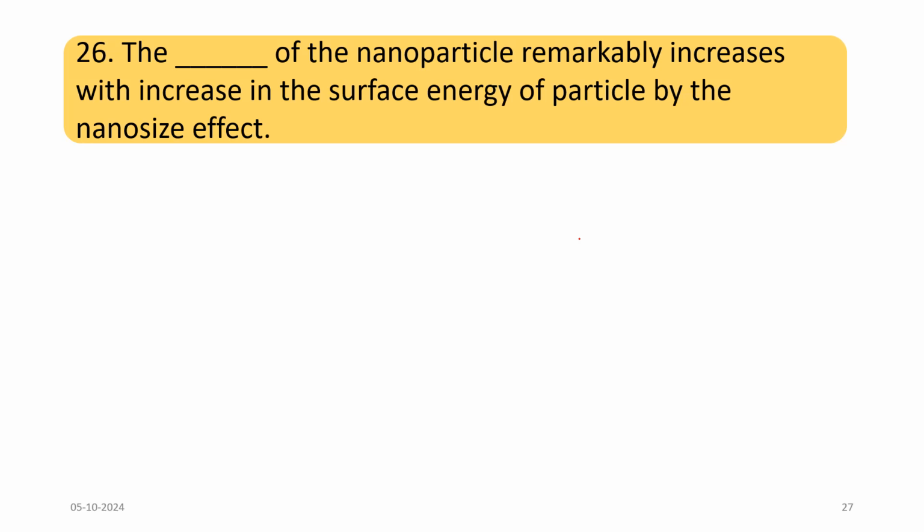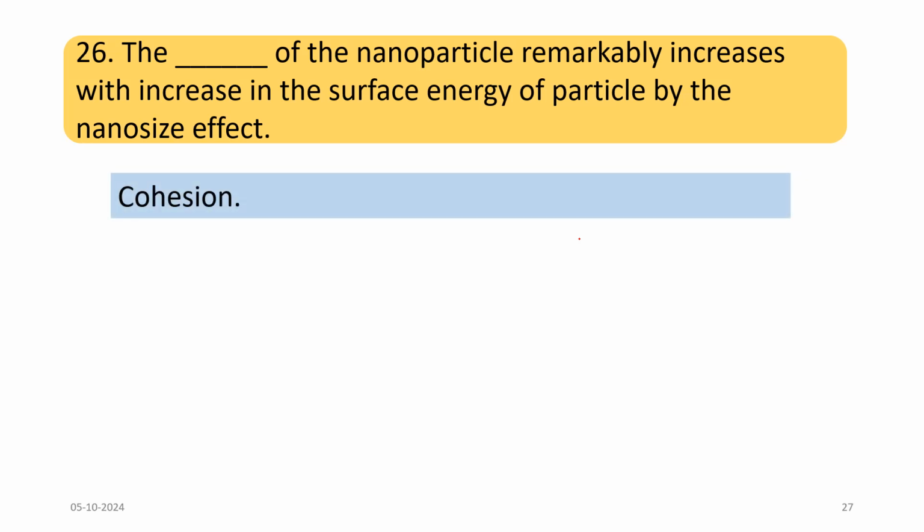Define the classification of composite structures of nanoparticles. The first one is the composite structure formed using nanoparticles, for example the core shell structure.